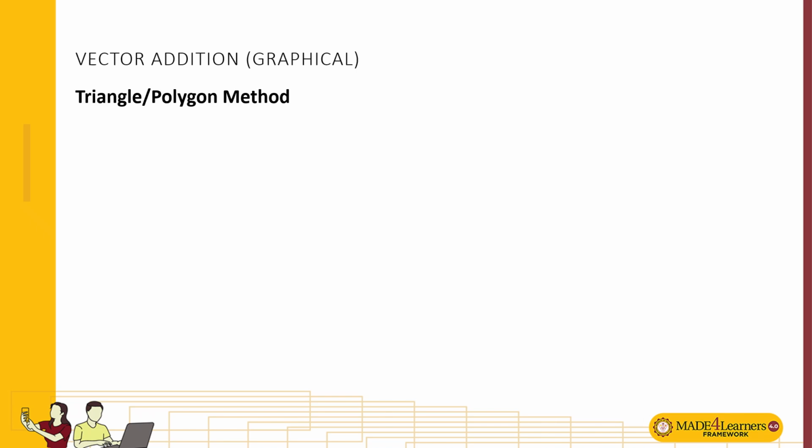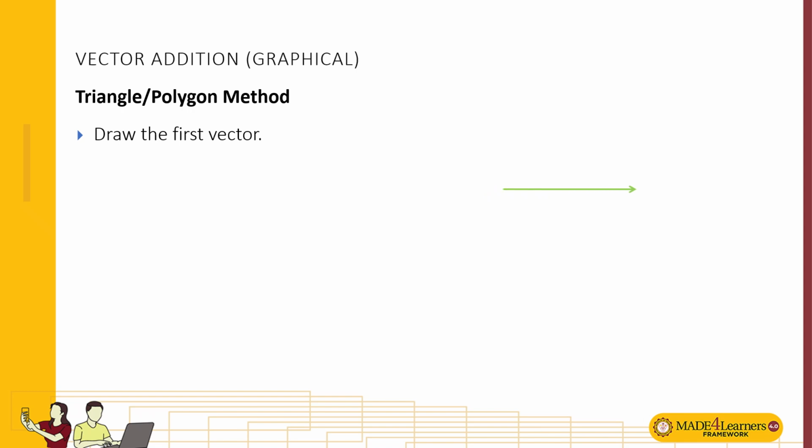So it's for a system with two vector quantities. The third side of the triangle would be the resultant. If you have more than two vectors, it's plus one side, so that's the number of sides for your polygon.